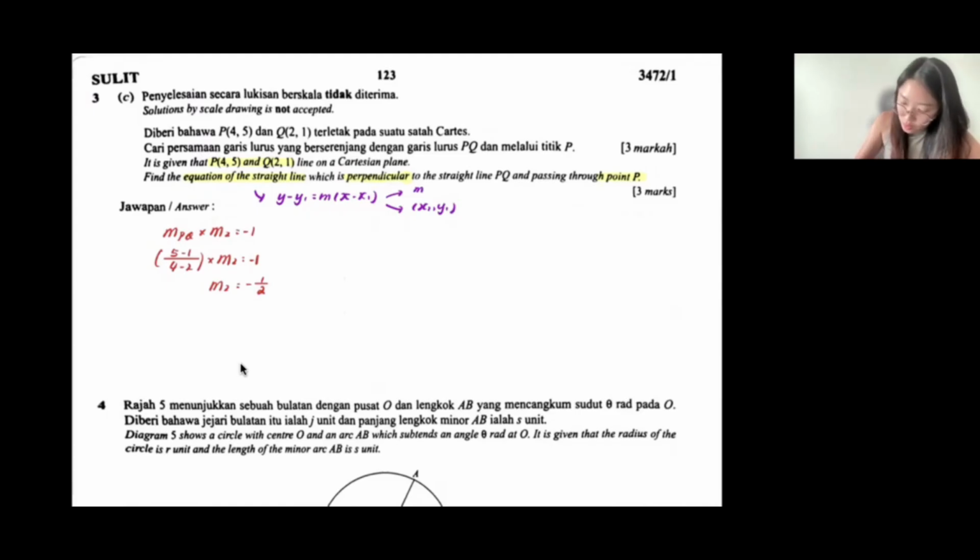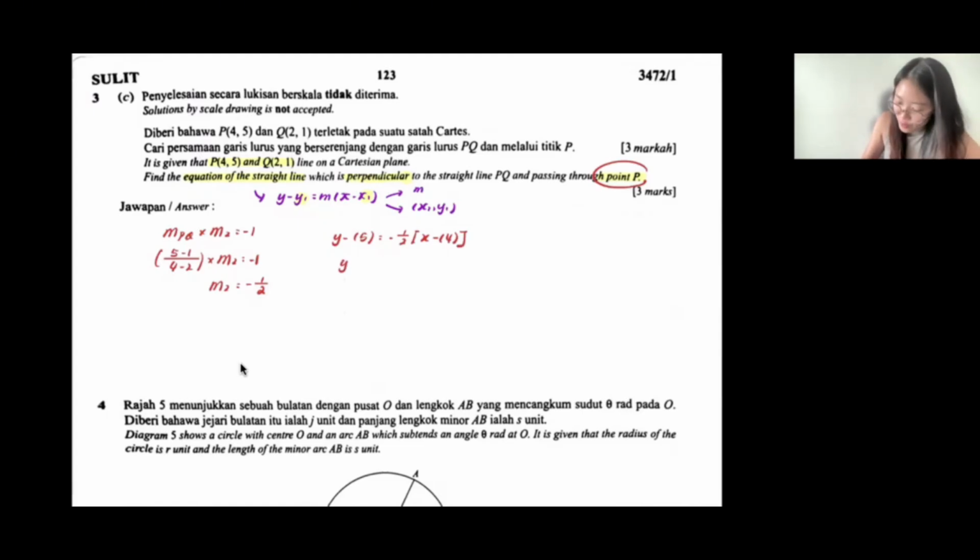Okay, then your y1 and x1 over here, you're going to substitute the coordinate. So coordinate P over here. So y minus 5 equals m times x minus 4.